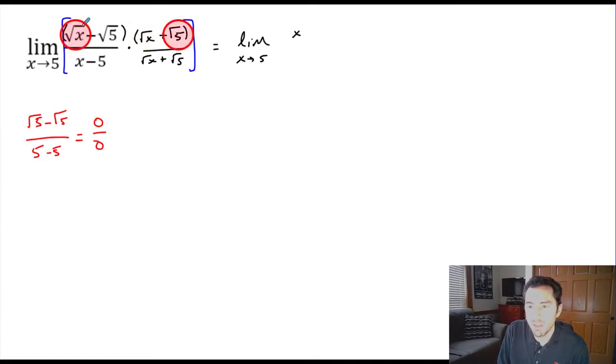We'll have a positive square root of x times the square root of 5 and a negative square root of x times the square root of 5. Then we'll have minus, and the square root of 5 times itself is just 5. And in the denominator, I'm going to leave these factored out. So we have this x minus 5 times our two radicals here.